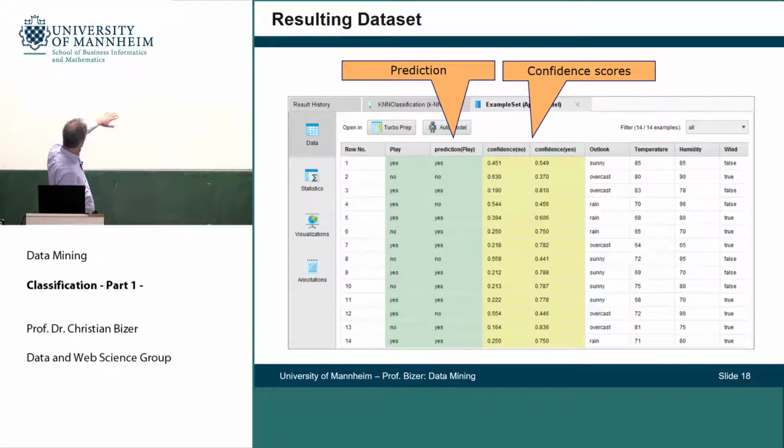Then things also work out nicely. Number 13 is a problematic case. There the algorithm predicts something wrong, and it's extremely sure that the wrong value is correct. So the confidence of yes is 0.83. So this will be a case where it fails, and it will be hard to improve the classifier.